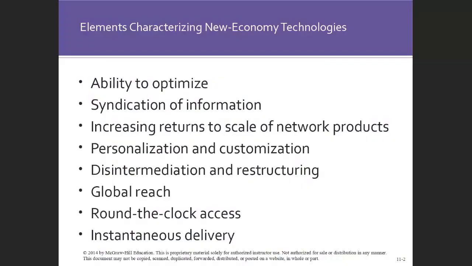this slide outlines some elements characterizing new economy technologies. We're going to talk about one at a time moving forward, but ability to optimize, syndication, increasing returns to scale of network products, personalization and customization, disintermediation, and restructuring. I hope everyone knows what disintermediation means by now.